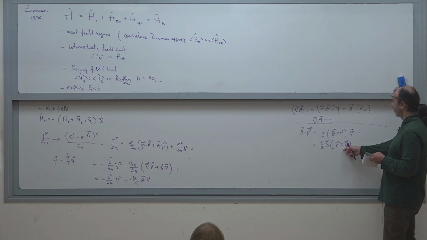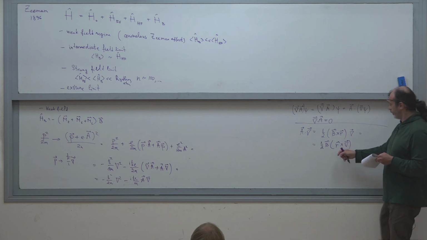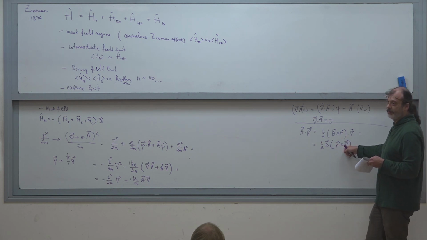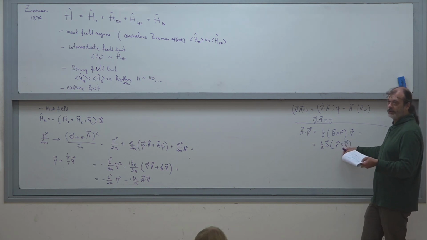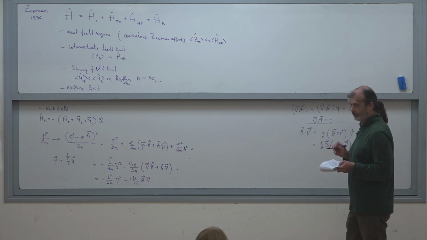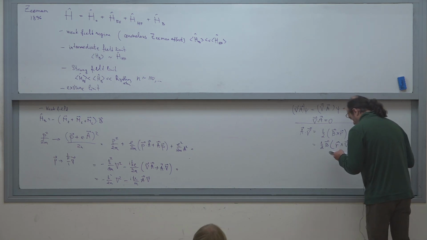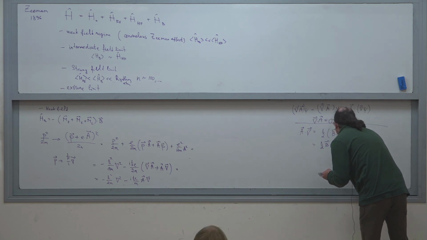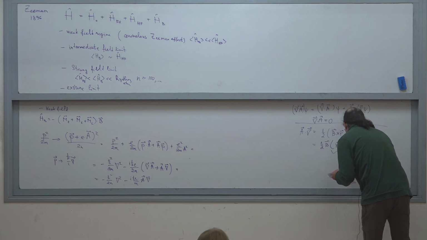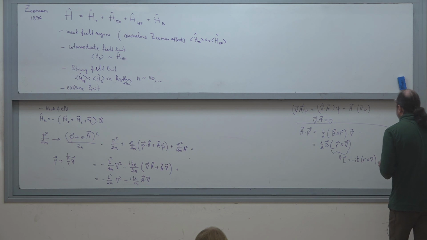If we replace the gradient here by P, we have R cross P. P has the velocity inside, and R cross velocity gives you the angular momentum. So if we are doing that correctly, this gives us L, which is equal to minus i h bar R cross gradient.